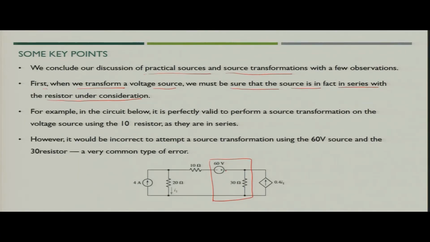That is something we have to always keep in mind, how you choose the correct candidate for source transformation, and sometimes this becomes a very common type of error when we do the source transformation.